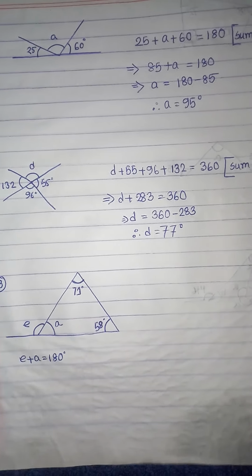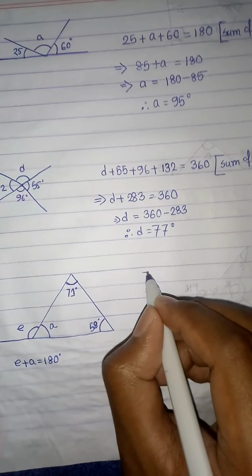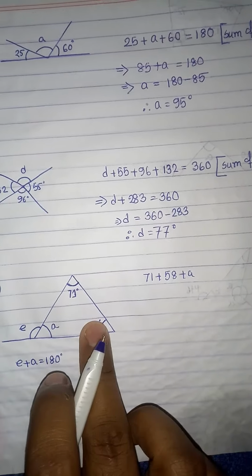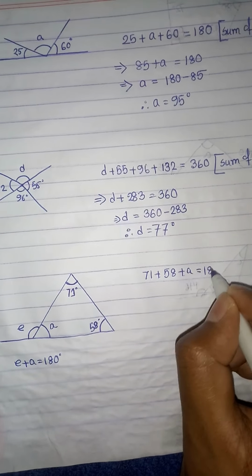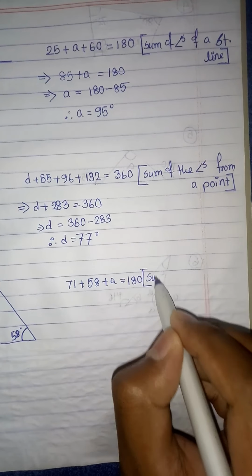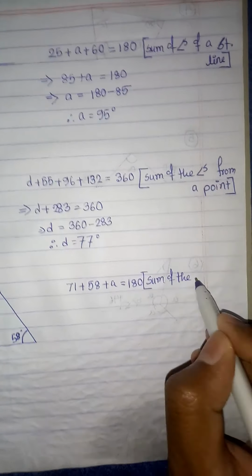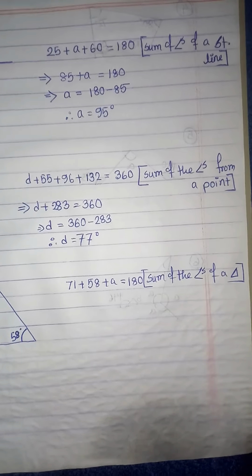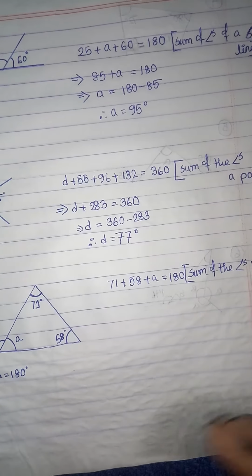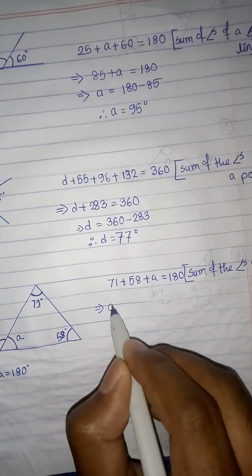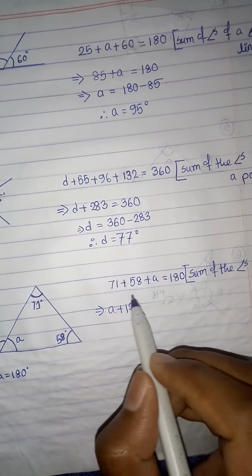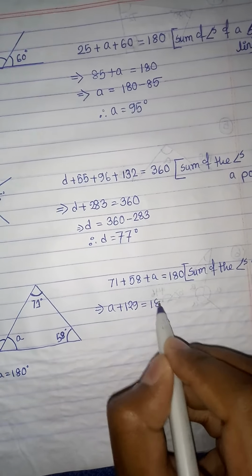For finding the value of A, we need 71 plus 58 plus A. This is a complete triangle, so the sum of the angles of a triangle is 180. So 71 plus 58 is 129, plus A equal to 180.